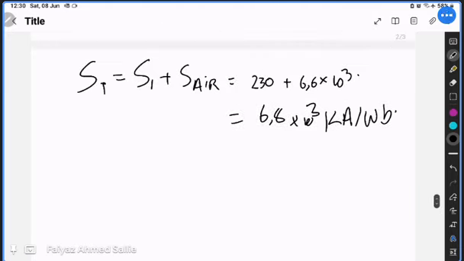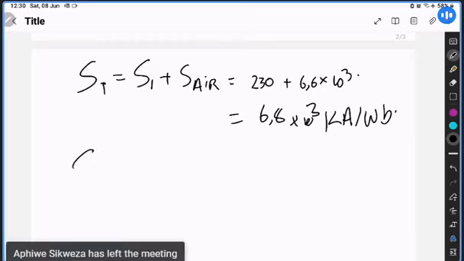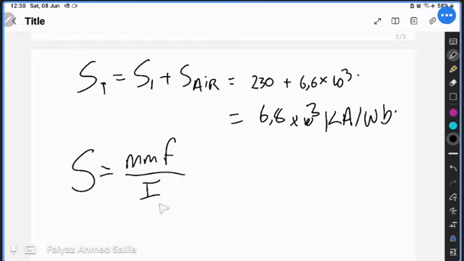So we're going to use that formula that we said earlier, where the reluctance is equal to the magnetic motive force over the flux. So we're going to manipulate this formula. The magnetic motive force is equal to the flux multiplied by the reluctance.